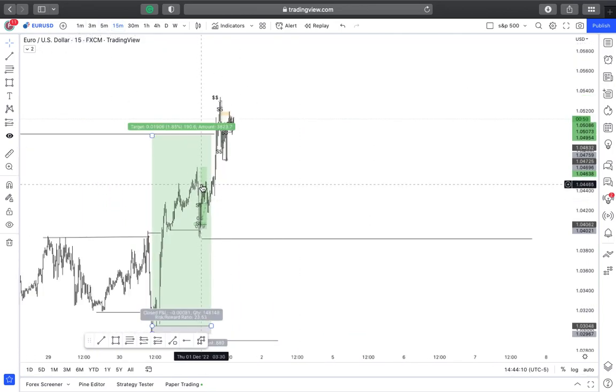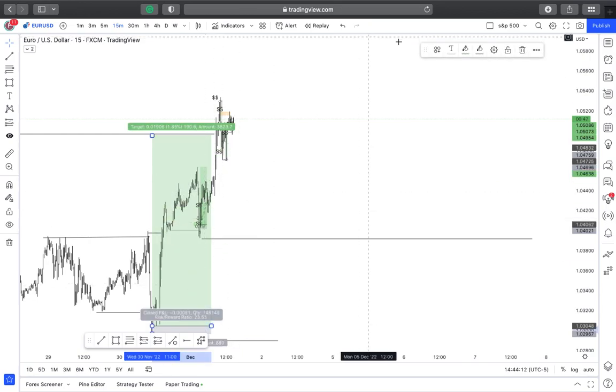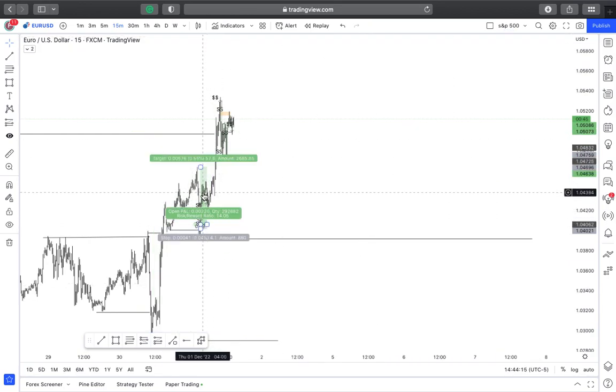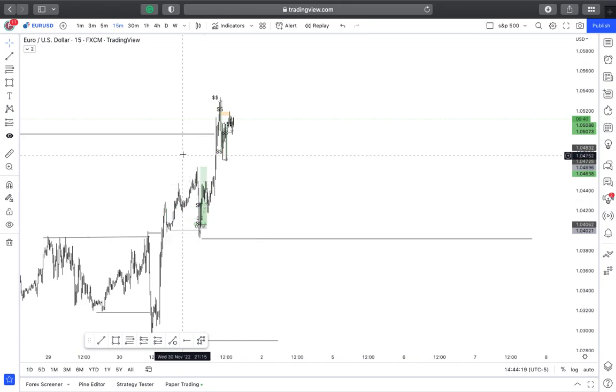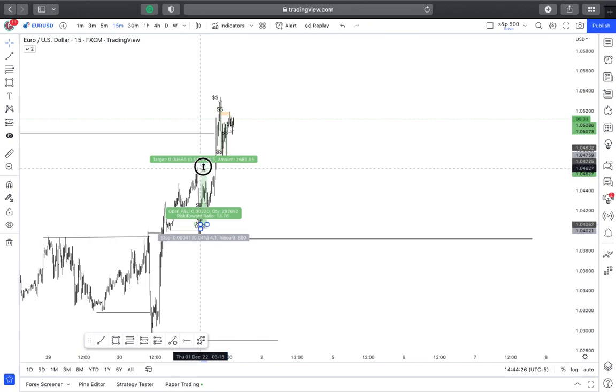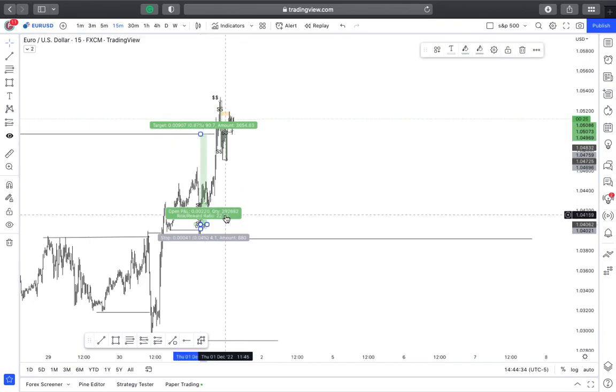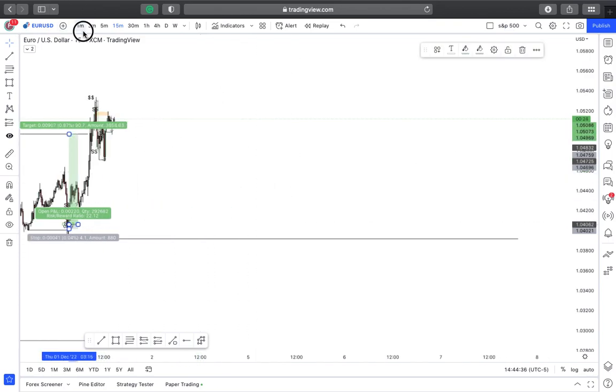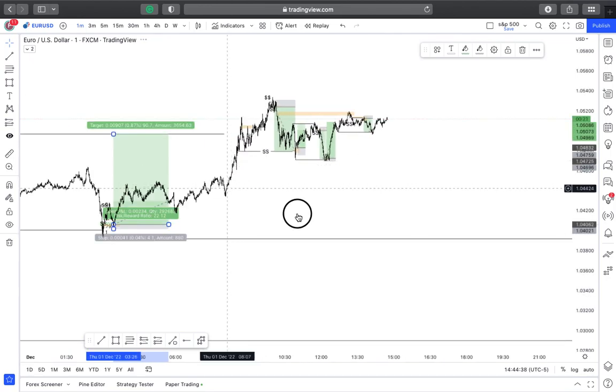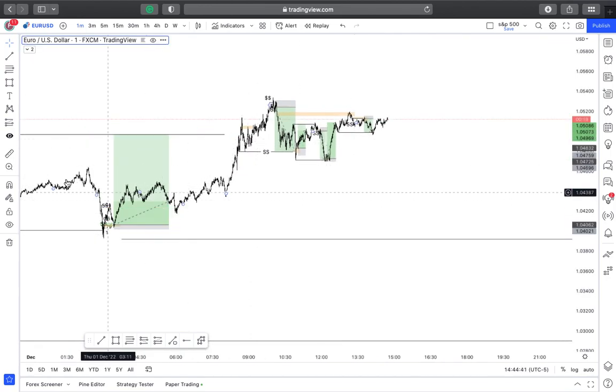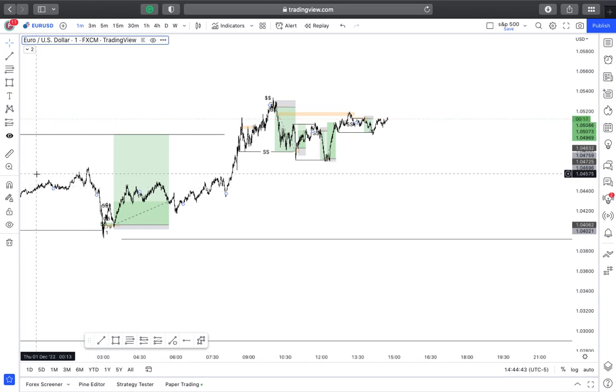So this was the entry that we took, 14R. This was the entry that we took during the London session after the London kill zone swept the Asian lows and this previous liquidity, right? So this is going to be your first take profit and your full take profit, which was 22R. So if you go to the lower time frame, you had 8R over here, you had 3 losses.